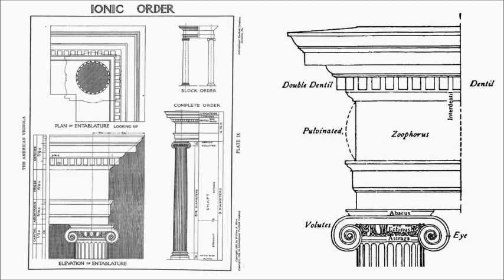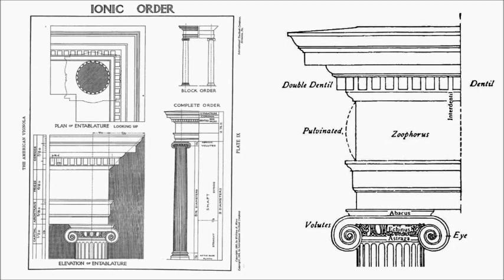The other couple things that you should be aware of as we go forward and draw the Ionic entablature is that the architrave is broken down into 2 main parts. You have what is called a lower fascia and an upper fascia, and then separating that from the frieze itself, the center part, is a cyma reversa and a fillet.